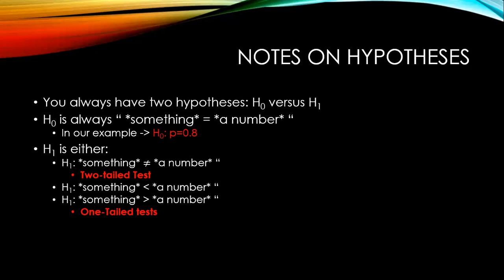So we're only looking at one tail of the distribution, if that makes sense. Hopefully this is making sense. So if we've got an alternative hypothesis where something does not equal a number, we call this a two-tailed hypothesis test.